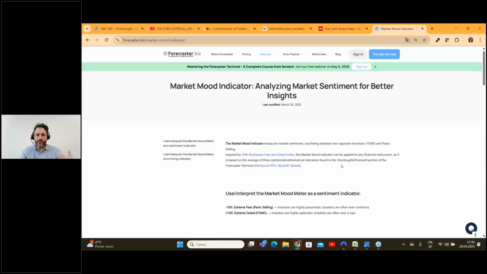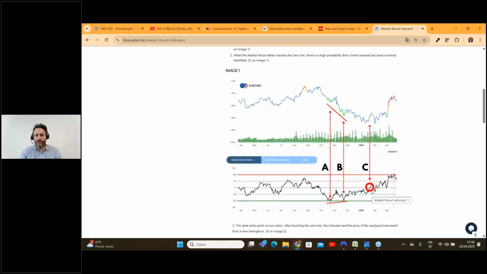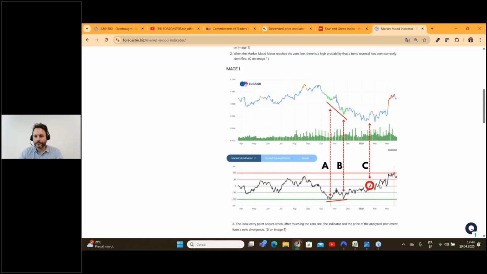We explain with a real example how to use this indicator to get a timing signal, a buy entry point or a sell entry point if you are on tops, okay?